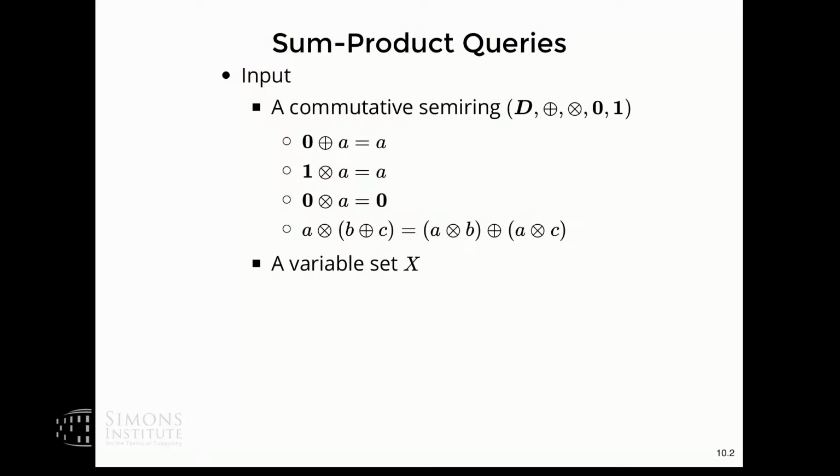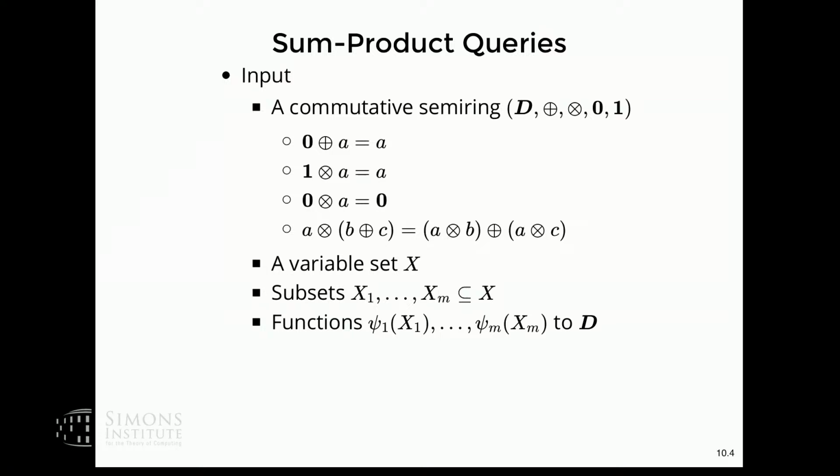A sum-product query consists of a variable set X. We need to fix some set of variables, and we also need to specify m subsets of X. Each one of these X1 up to Xm is a subset of X, and each of those subsets, let's take X1, has an associated function psi1(X1), which is a function from the domain of those variables X1 into D, where D is the domain of the semi-ring.